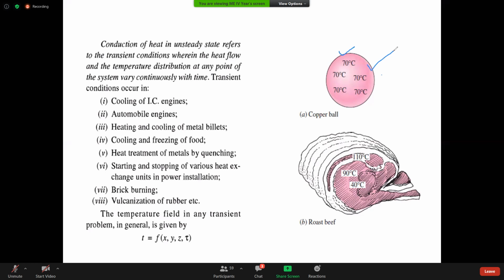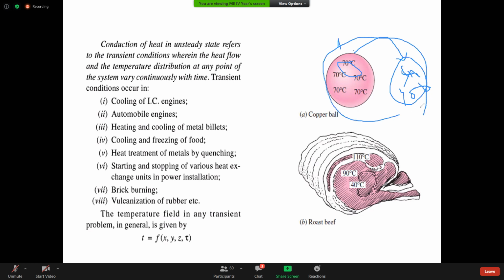It is unsteady state, right? Time and position both will be there. For example, at a particular time the temperature is 70 degrees centigrade, and after some time it is maintaining 40 degrees centigrade everywhere. That means with respect to time, the temperature is changing uniformly. So if the problem is like this, we have to go for the lumped analysis.